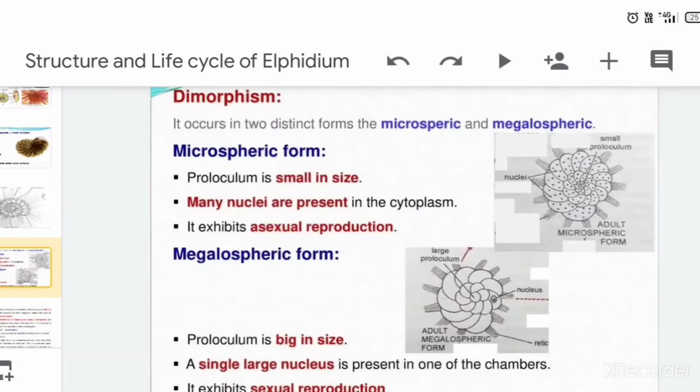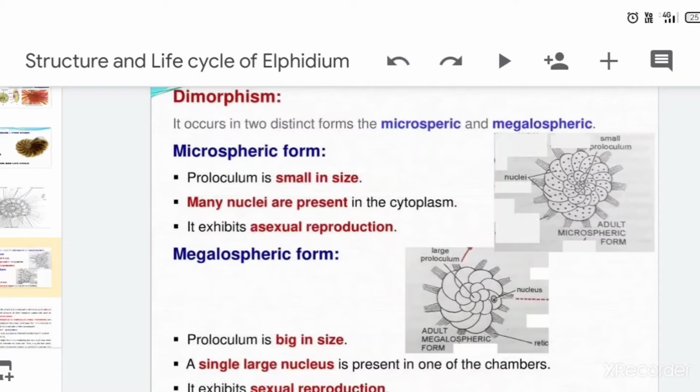Then dimorphism. Elphidium occurs in two distinct forms, the microspheric and the megalospheric. In the microspheric form, the proloculum is small in size. The proloculum is the initial chamber or the first formed chamber in an Elphidium.